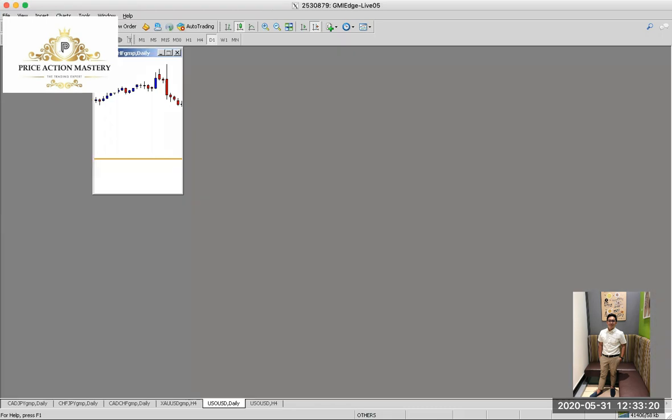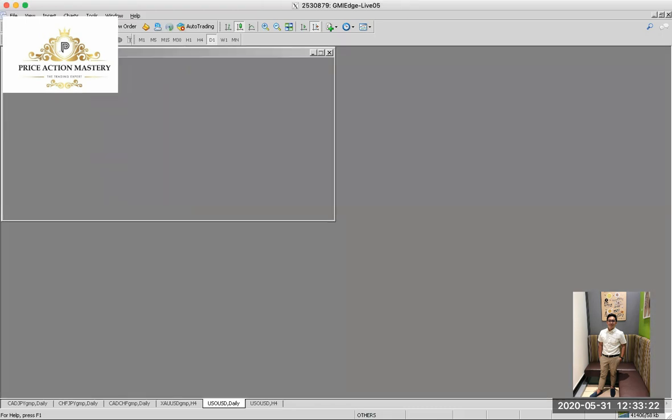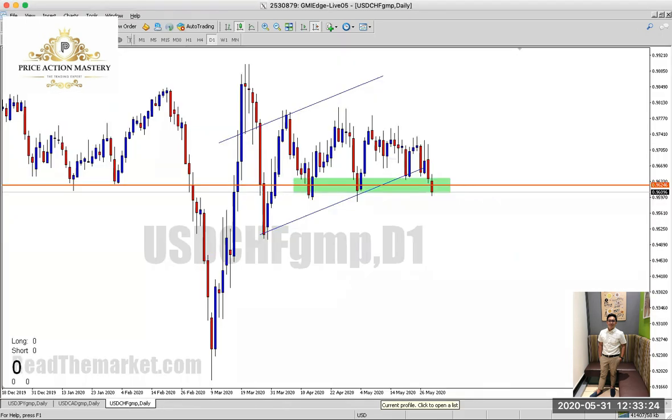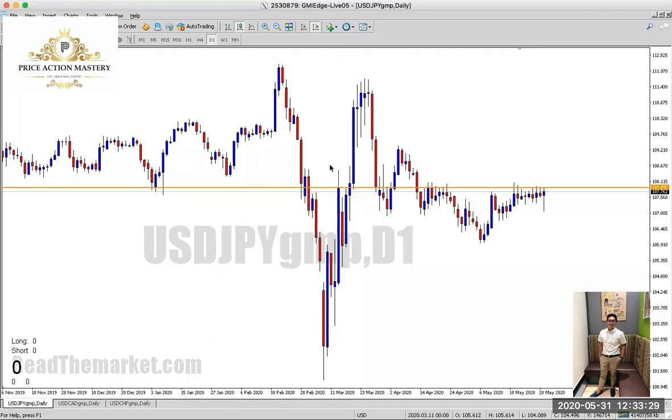The last will be the USD pairs. Let's start from USD yen first. We can see the buyer is quite strong, which is why the market is currently traveling in between these two levels.